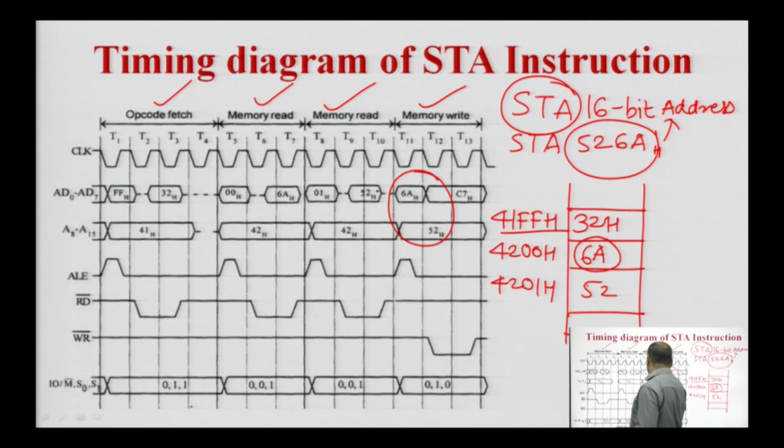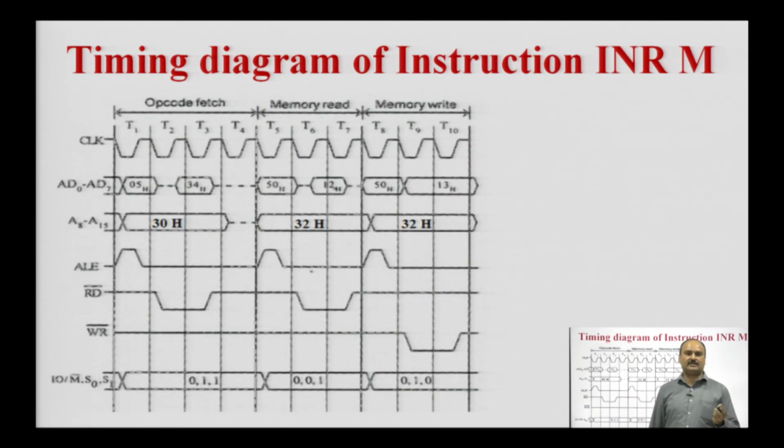In the memory write, the fourth machine cycle is used to write the content of the accumulator into the memory location having address 526AH. So, at memory location 526AH, the content C7H is stored by the microprocessor after the execution of this instruction. Whenever the microprocessor executes this instruction, it will store the content of the accumulator, which is C7H, into the memory location 526AH. So, this is the meaning of the timing diagram of the STA instruction.